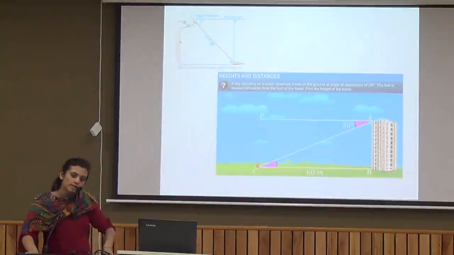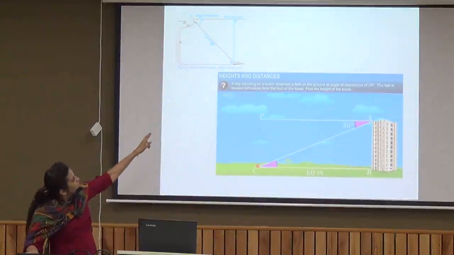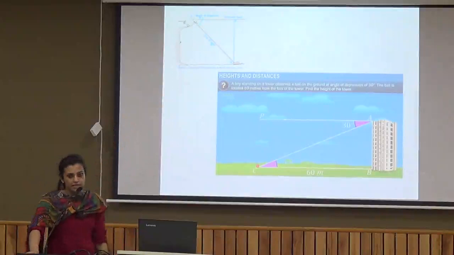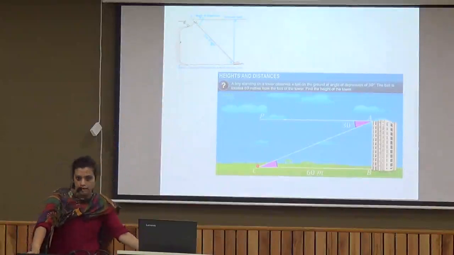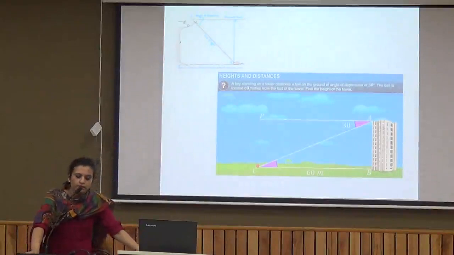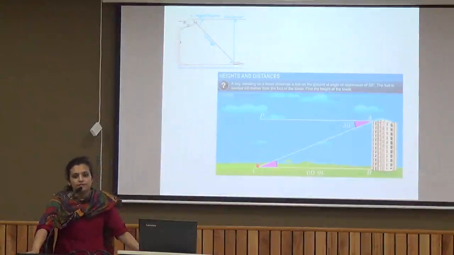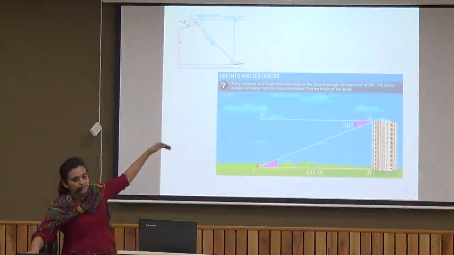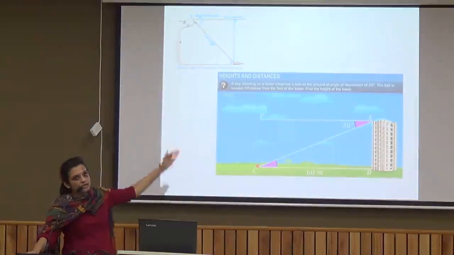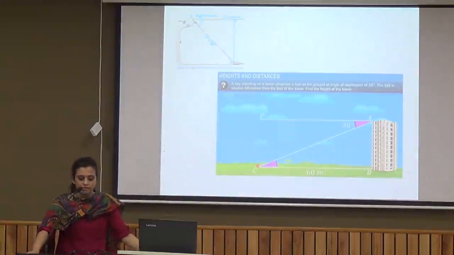And same way, the mouse has its line of sight towards the bird, and the angle at which the mouse has to elevate its eyes is the angle of elevation. Now this gives rise to the fact that, yes, you got it right. Angle of elevation will be equal to angle of depression because the two horizontal lines are going to be parallel and the line of sight makes the transversal.